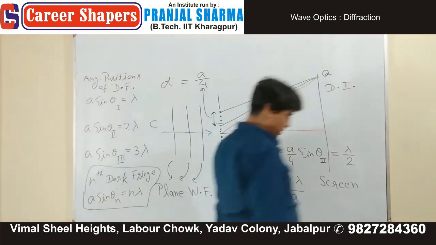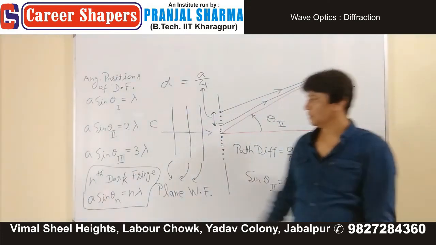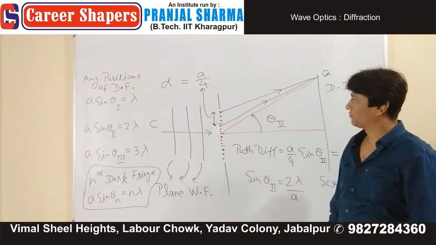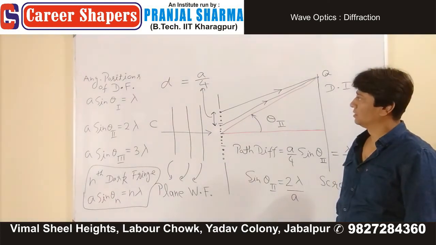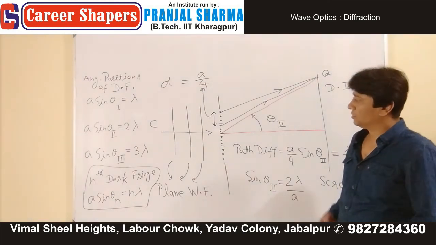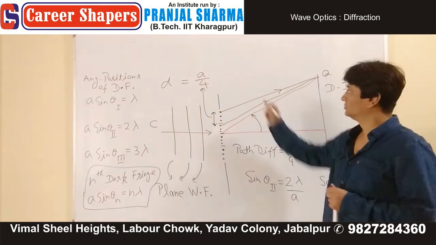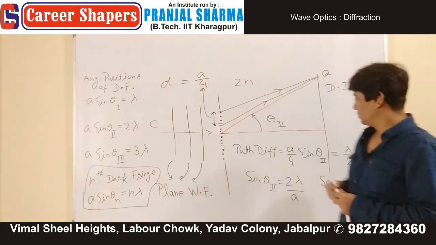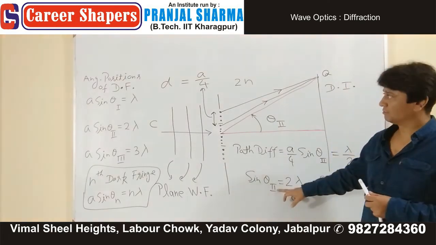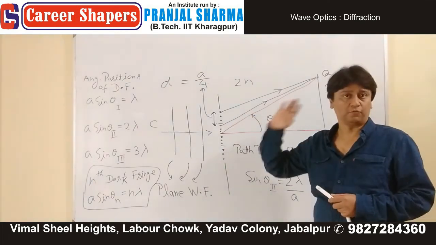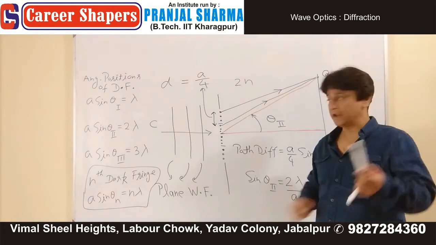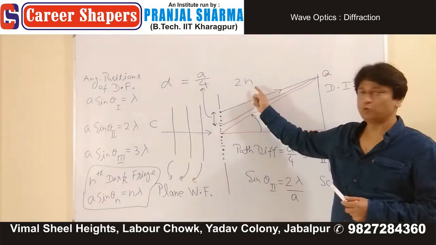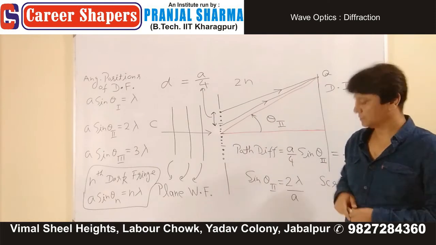For the nth dark fringe, 2n partitions are done. For the second, how many partitions are there? 4. For the nth dark fringe, 2n partitions are done.